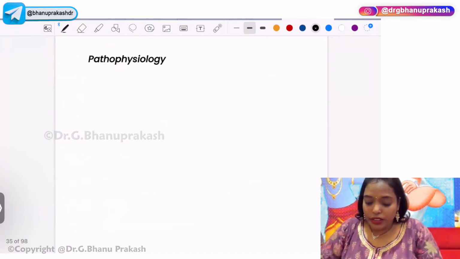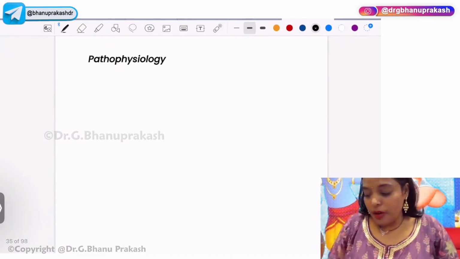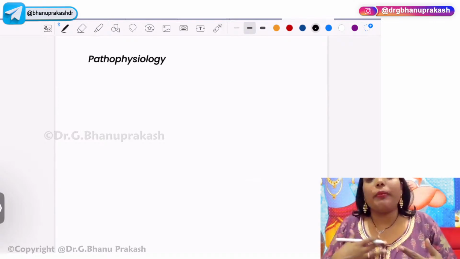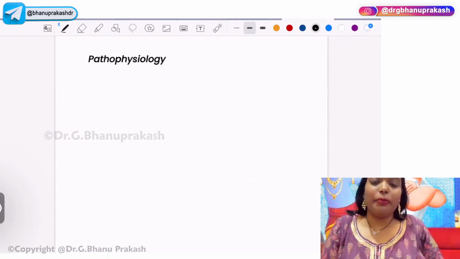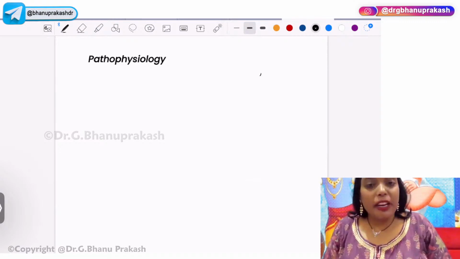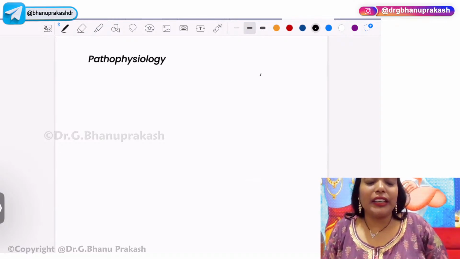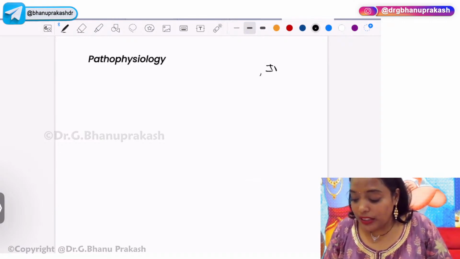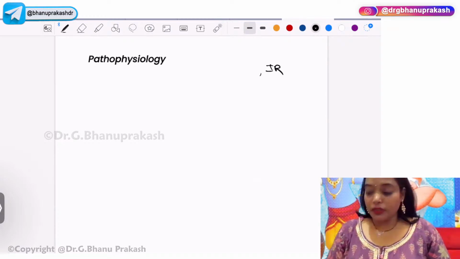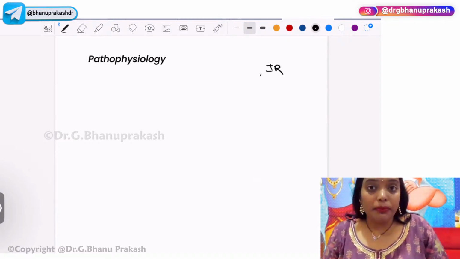What is the pathophysiology? There are two variants in PCOS. One is polygenic. There are many genetic factors involved when we get PCOS. Because of the genetic outcome, most patients, almost 80% of them, have insulin resistance.